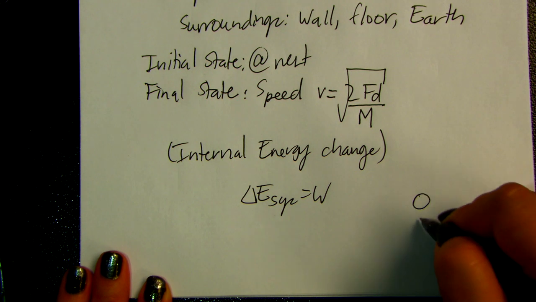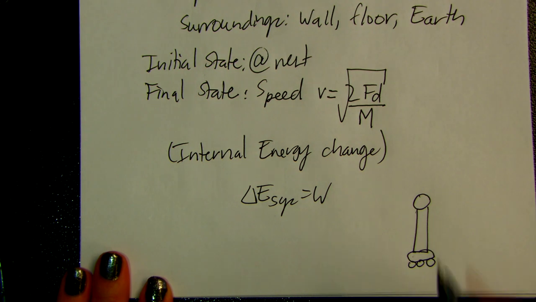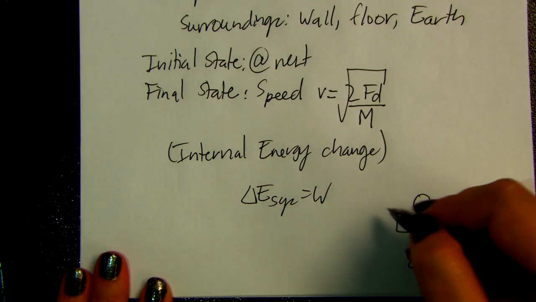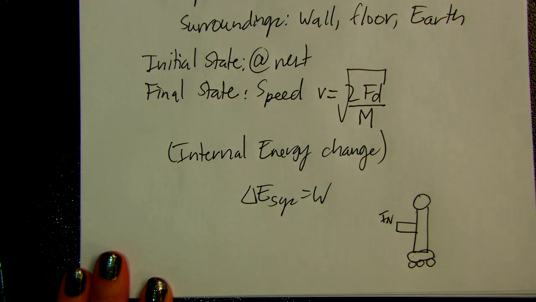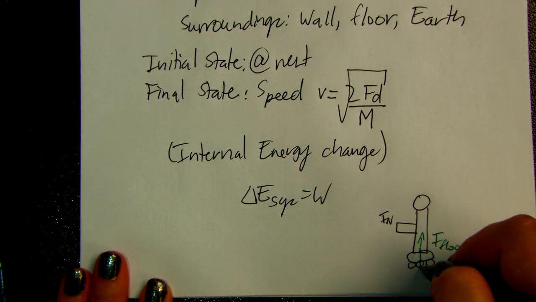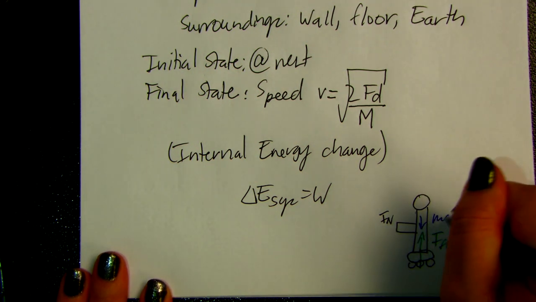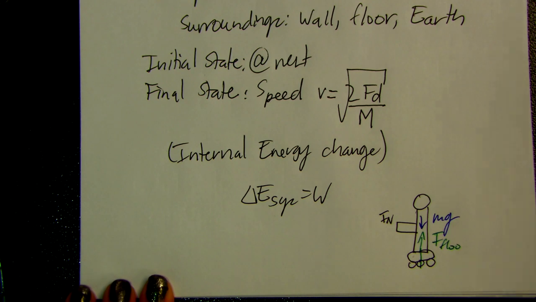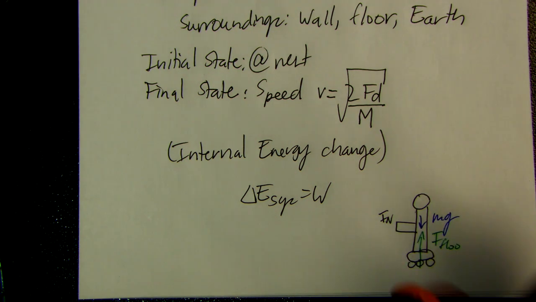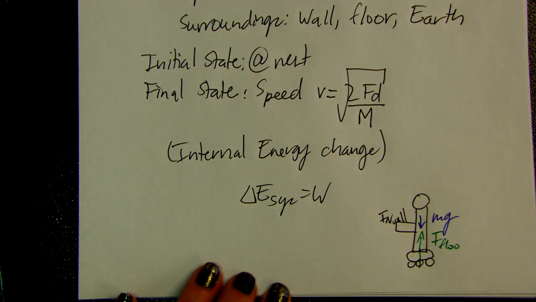So here she is on her skates with her arm and that normal force from the wall and that force from the floor, just acting on the wheels there, and that good old mg going down. All acting on different places. So remember, we stopped this interaction before her hand left the wall. So that way that normal force from the wall is going to be there the whole time.